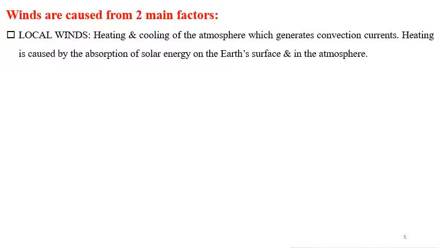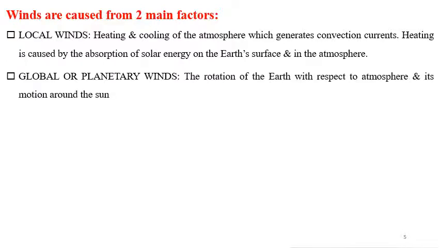Local winds are caused by unequal heating and cooling of ground surfaces and ocean surfaces during day and night. Mainly the heating and cooling of the atmosphere generates convection currents. That heating is caused by the absorption of solar energy on the earth's surface and in the atmosphere.